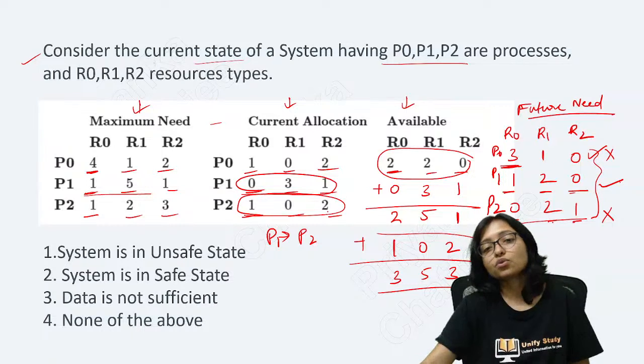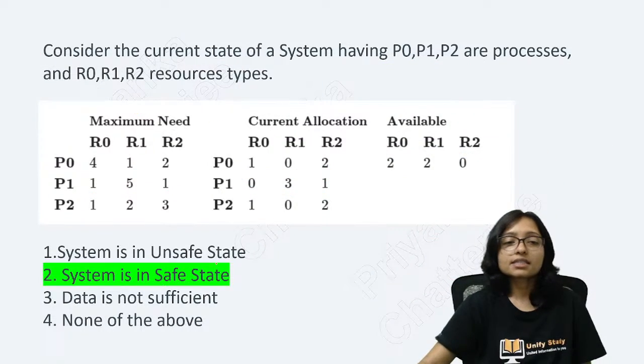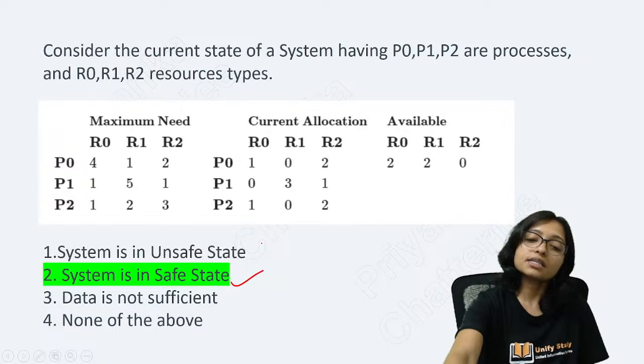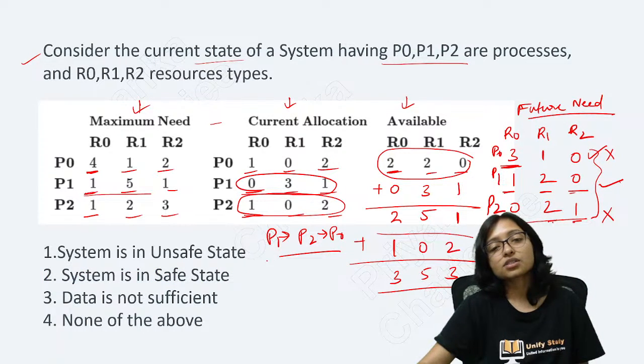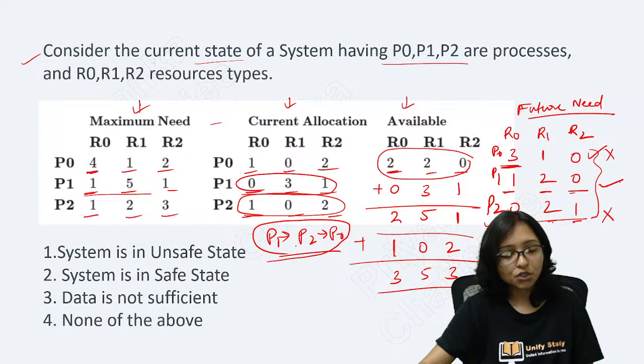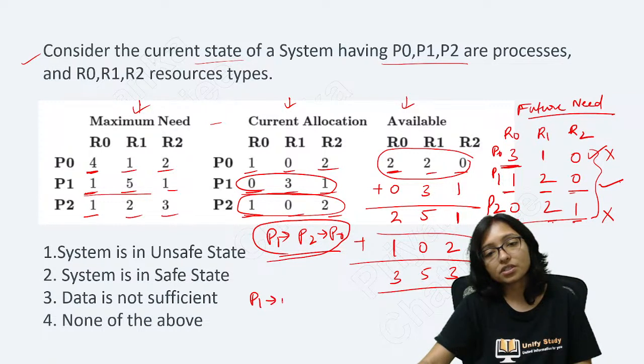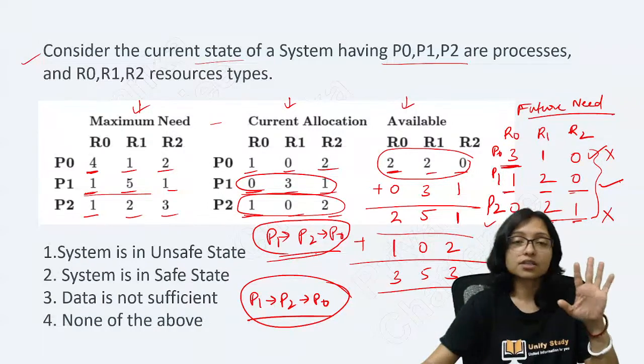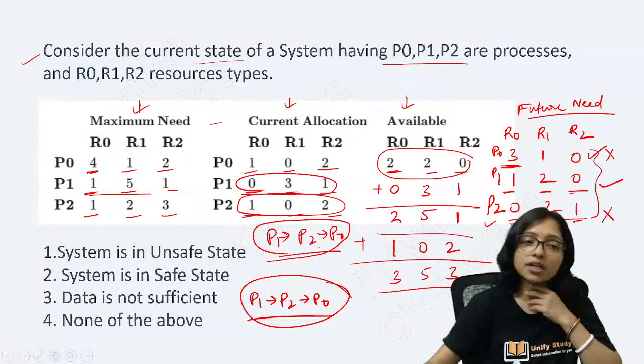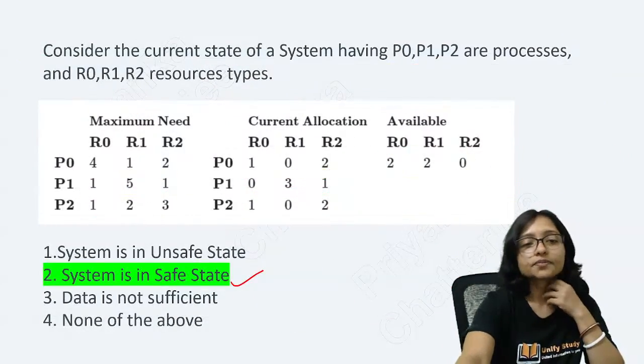Now I can do P0. So the system is safe. The question can ask what the safe sequence is. The safe sequence will be P1, P2 and P0. Remember it. From here you can expect a 10 marks comprehension type question like this.